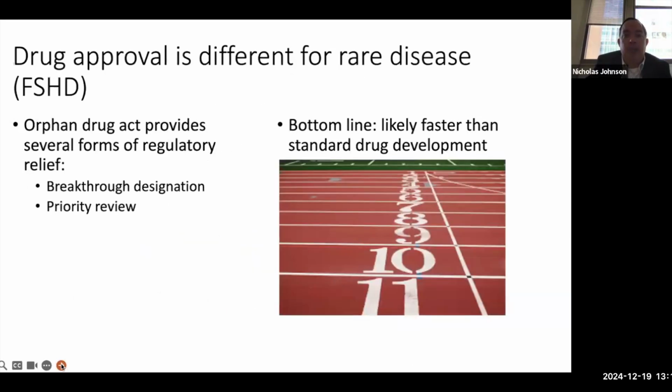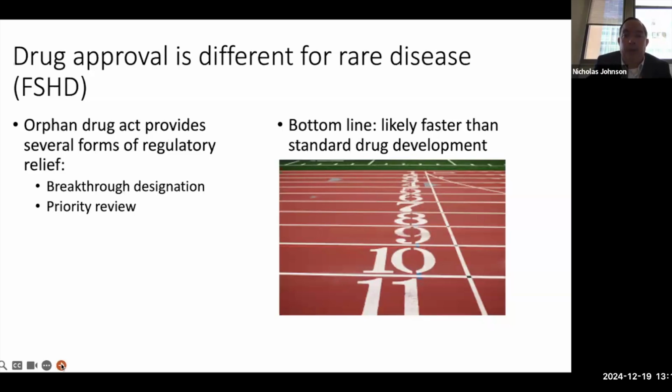So, as I alluded to, particularly in the United States, the drug approval process is different for rare diseases like FSHD. In the United States, there's our Orphan Drug Act, which provides several forms of regulatory relief. It allows this breakthrough designation, which means that the company can talk to the FDA more times than before.